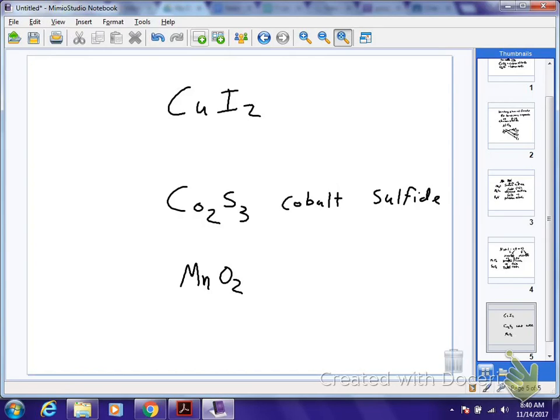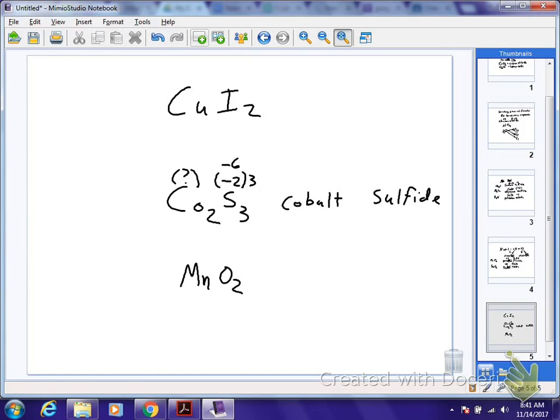Just like in math, if you have to solve for x, you go through a process to solve for x. You have to do the same here. This is the unknown charge. We don't know what the charge is. Okay? So we do know the charge of sulfur, and the charge of sulfur is a minus 2. But I'm showing 3 of them, so the overall charge of sulfur, the whole thing, is a minus 6.